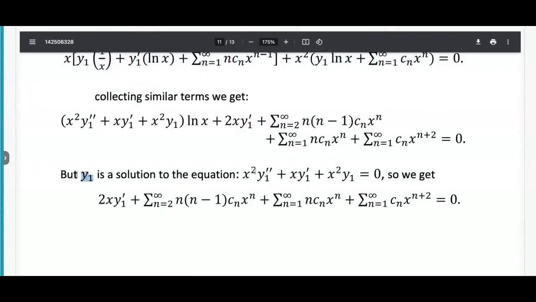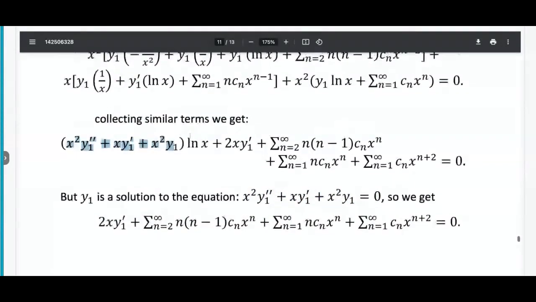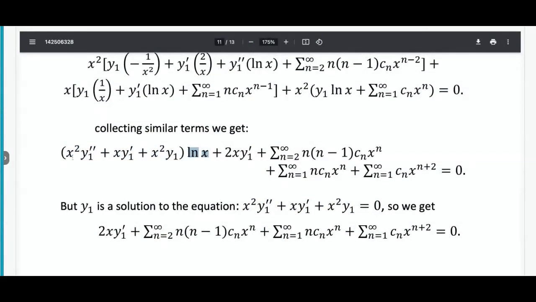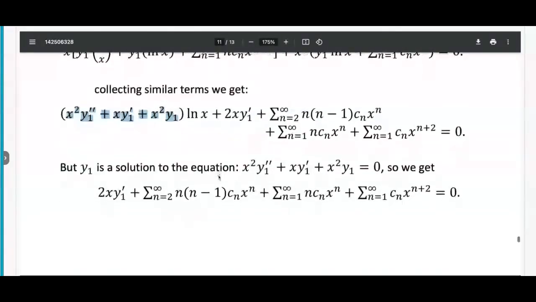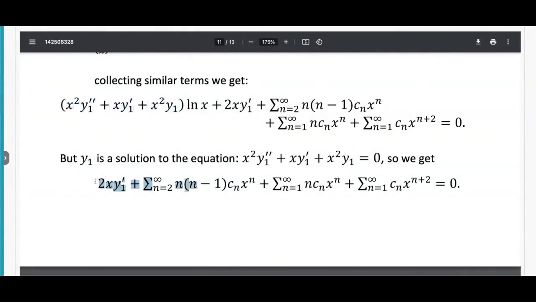But y1 is a solution to the equation, so factoring out ln x, this is 0. So we're left with the rest of the terms.